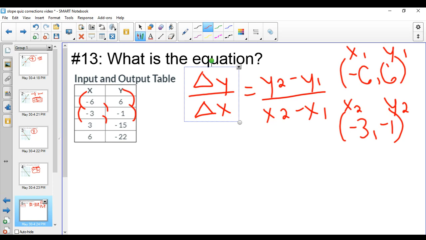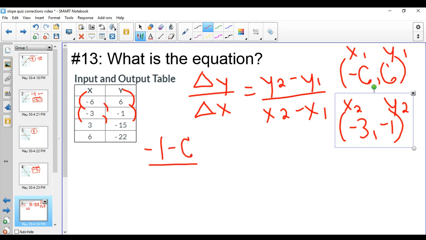So when we get ready to find the slope here, we're going to have -1 is the y2 minus 6 is the y1. So that's going to be in the numerator, -1 minus 6. Then the denominator, x2 minus x1 is going to be -3 minus -6.